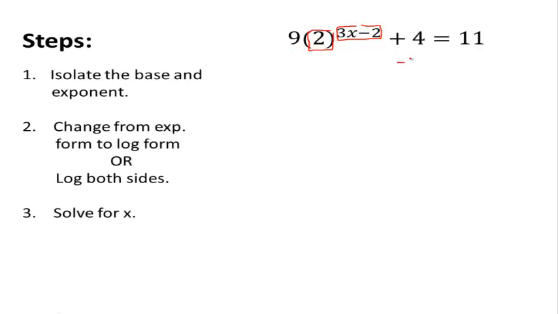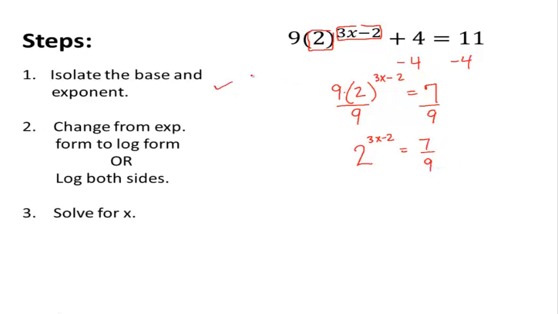So let's get rid of this 4, subtract 4 on both sides. And now the 9 is being multiplied with the 2, so we're going to undo that with some division. So now we have a base with an exponent, all isolated by itself.